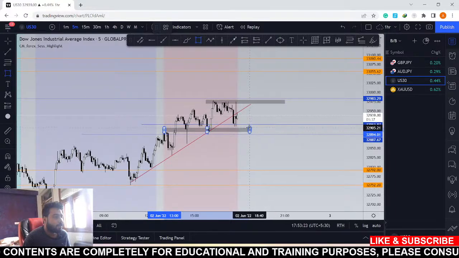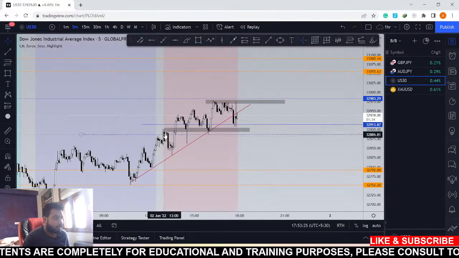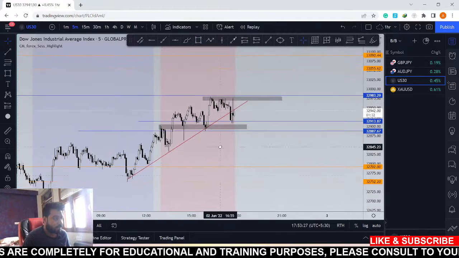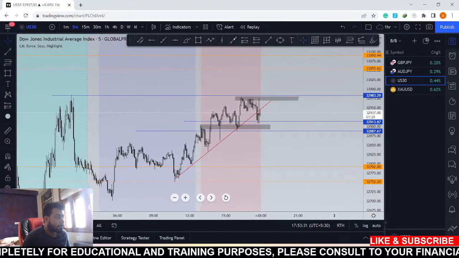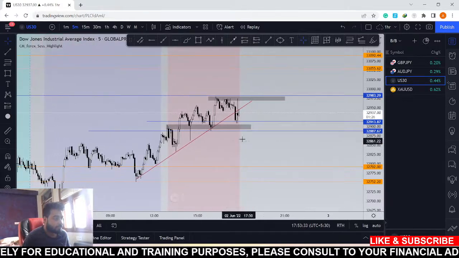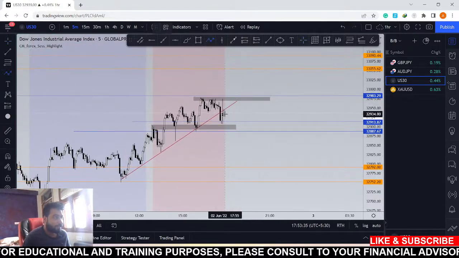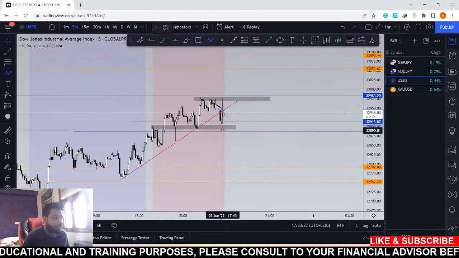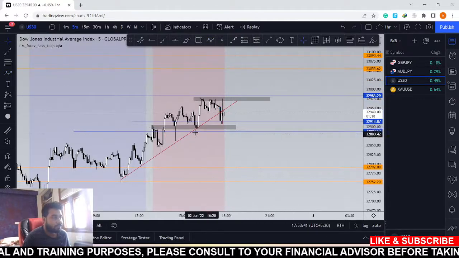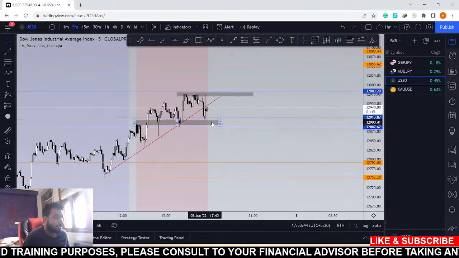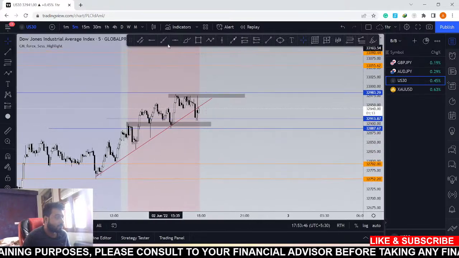We have to keep an eye on both types of resistance, trend line and range bound. Sometimes what happens, break from the trend line resistance comes to this range resistance and then just bounces. We will keep an eye on this resistance also.